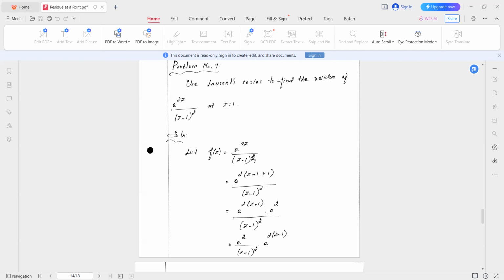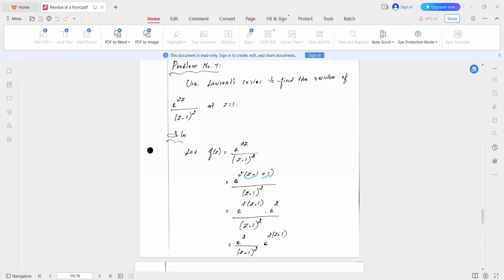For that, we add and subtract 1. So we get e power 2 into (z minus 1 plus 1). Take z minus 1 as one term and 1 as another term.